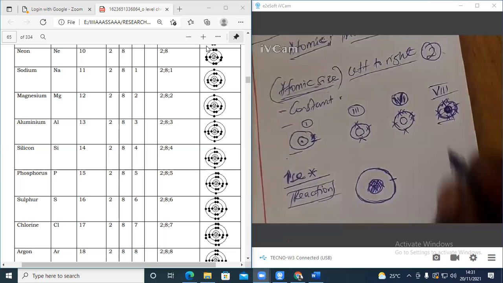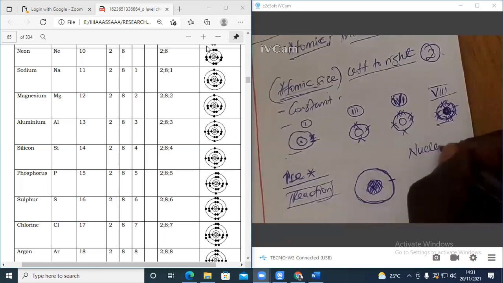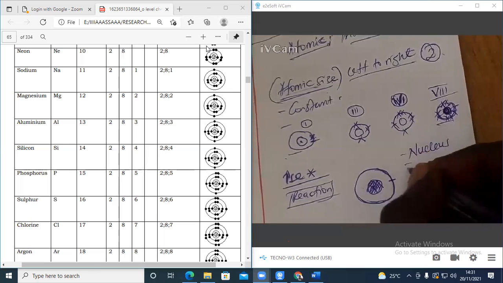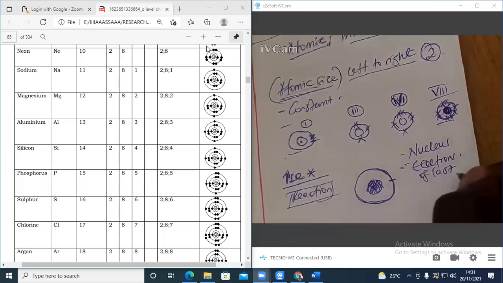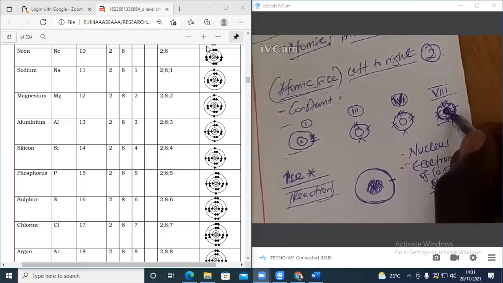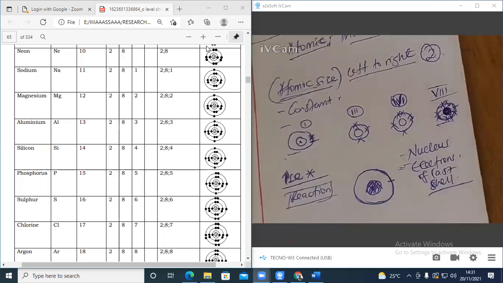Look at the nucleus and then look at the electrons on the last or outer shell. If there are 8 and all the 8 have some force impacting at the center, will it be small or big? Big.